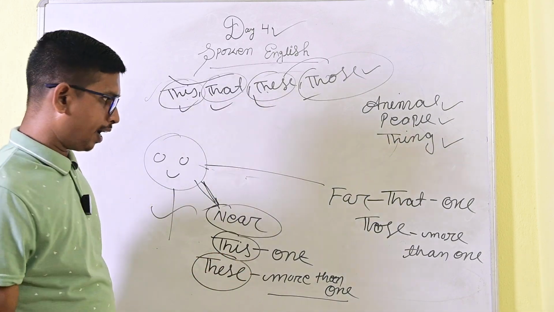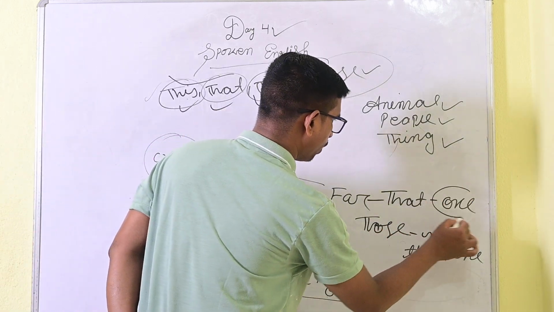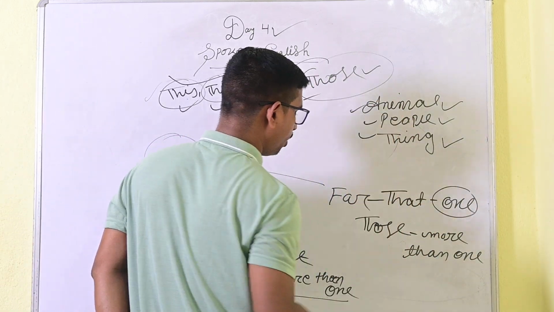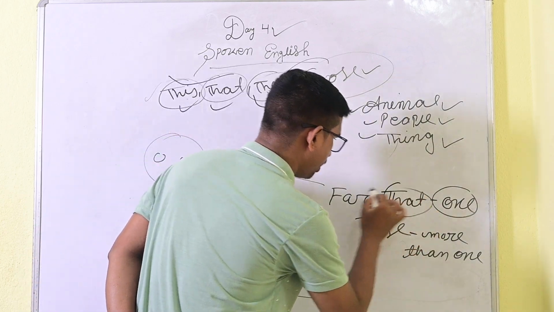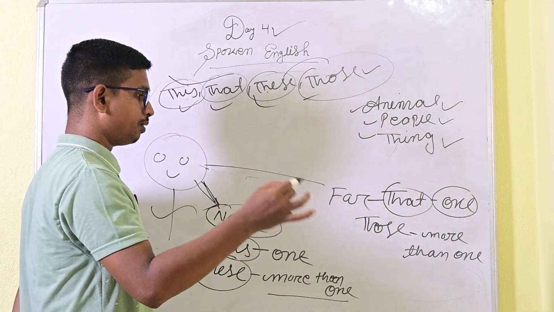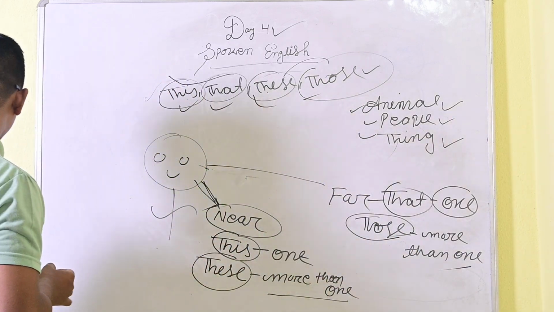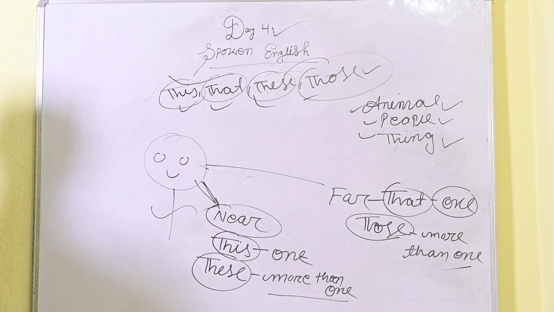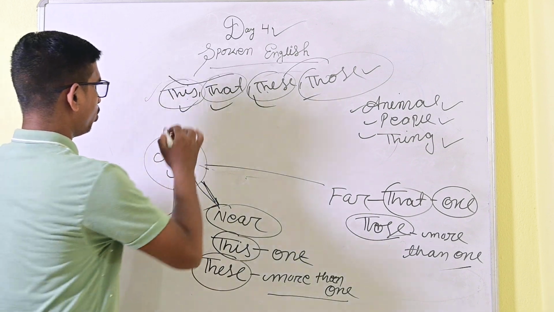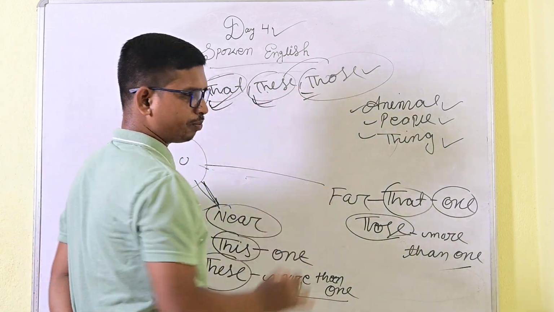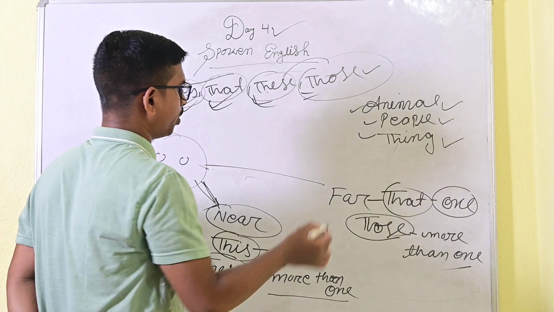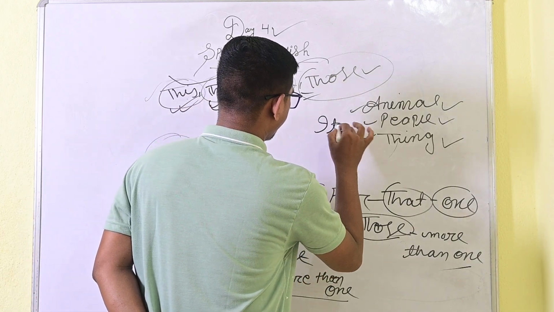When we talk about far and it is one thing, person or animal, then we use that. When we talk about far and it is more than one, we use those. Okay, we'll take some examples. After that, I think you understood where to use this, that, these, those, and then we'll understand where to use it.